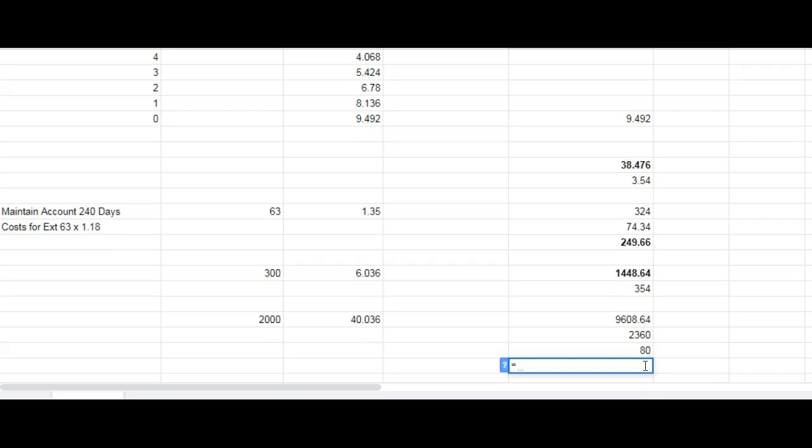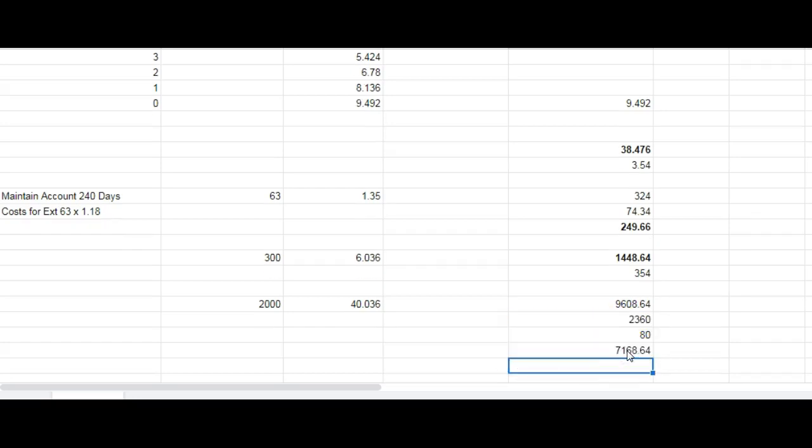Let's take this away. So we have this minus the cost for the rented referrals minus the cost for your membership, and your total earnings then for your 240 days becomes $7,168.64.